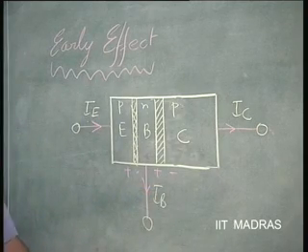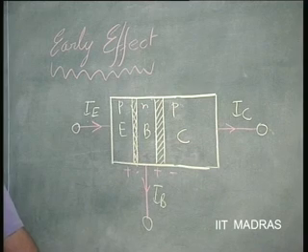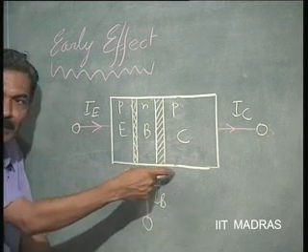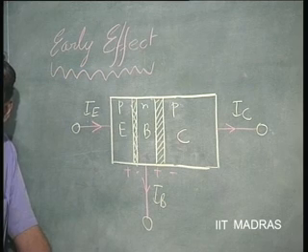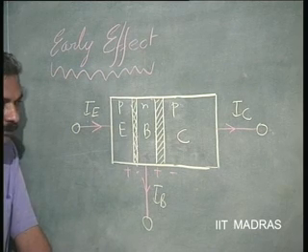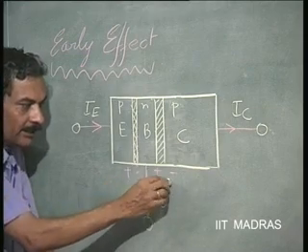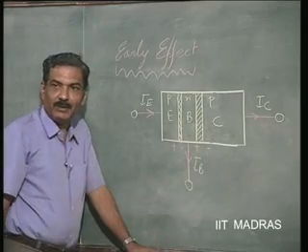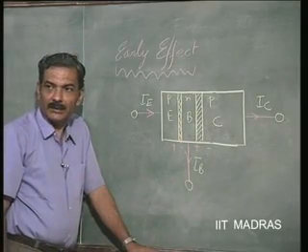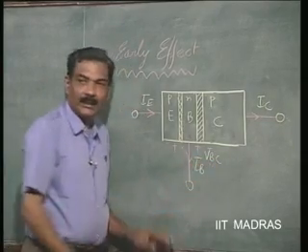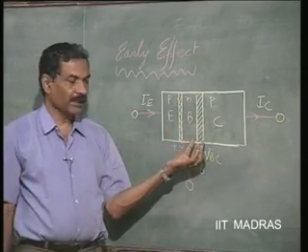Alpha typically is made very close to 1 when it is forward biased at the emitter base junction and reverse biased at the collector base junction. Now, the depletion layer width here keeps increasing as this voltage VBC keeps increasing. So, when this voltage VBC increases, the depletion layer width increases.